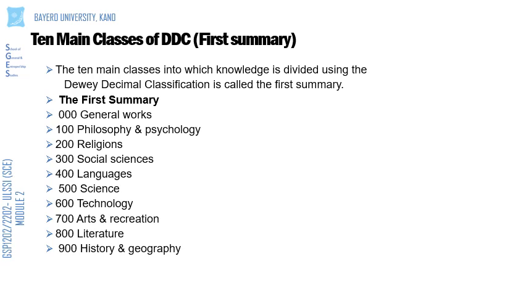So these are the main classes or main subjects into which knowledge is divided or classified based on the Dewey Decimal Classification scheme. Basically, they are 10, from 0 to 9, where 0 stands as the general class. Others are philosophy, religion, social sciences, languages, and so on. These are the main classes into which Dewey Decimal Classification tries to divide or classify knowledge when it comes to the arrangement of books in the library.